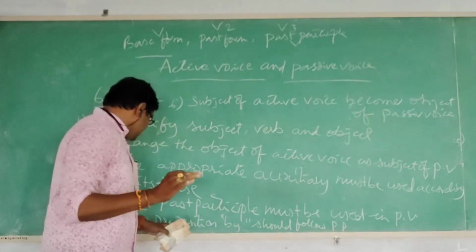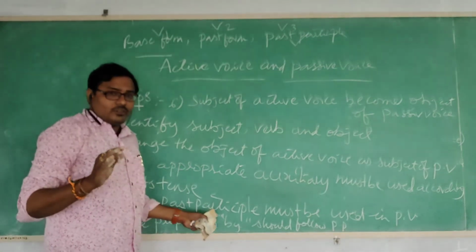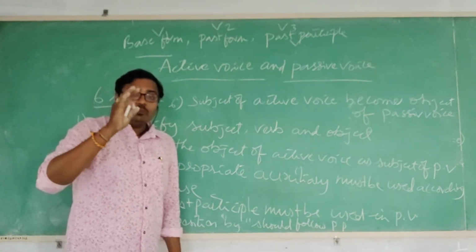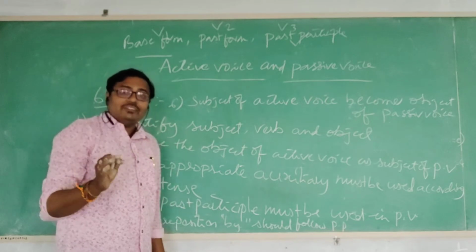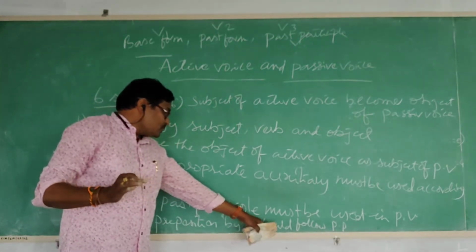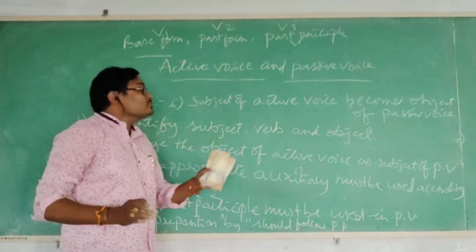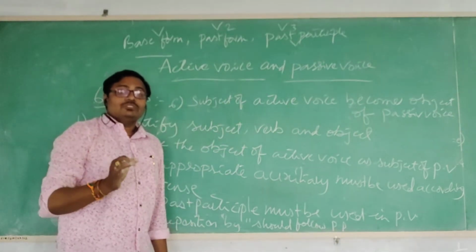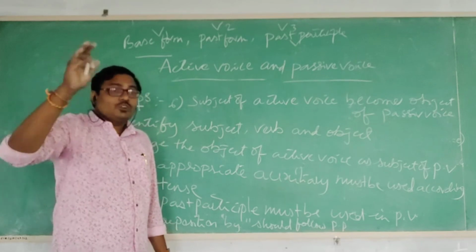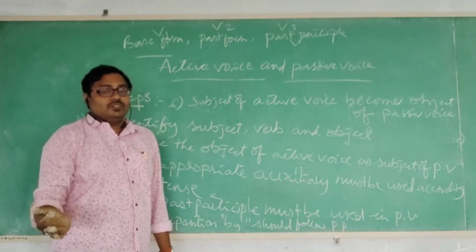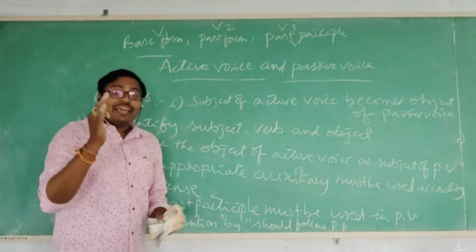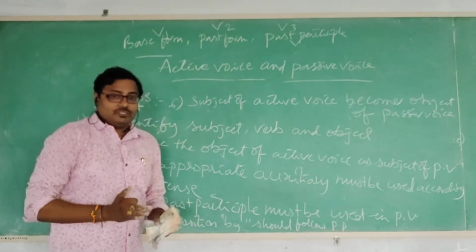Okay, in this fifth rule, there should be a preposition by, and this by should follow the past participle, right? And the last one is subject of an active voice becomes object of passive voice. These are the 6 rules if you want to convert an active voice into passive voice, right?